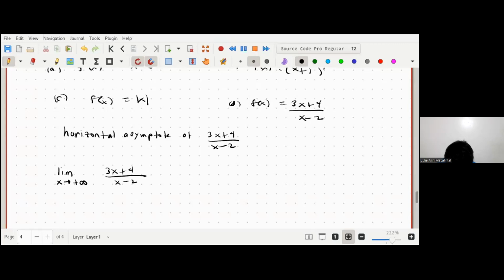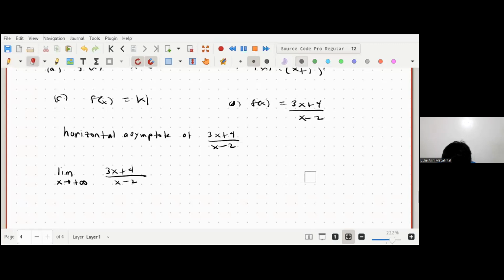Ngayon, the way this works, pag tinry mo lang mag-substitute, the numerator goes to infinity. The denominator goes to infinity. So wala pa, so ang tawag dyan, indeterminate form. So hindi natin makita, hindi siya obvious kung ano yung magiging limit.